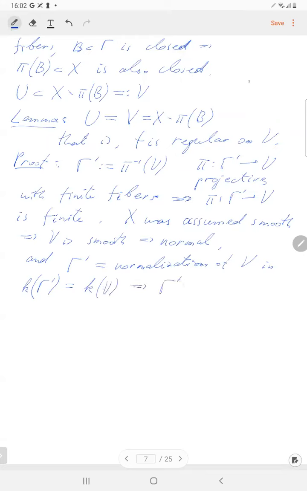Hence, gamma prime is just V. Okay, so maybe I should say that pi is an isomorphism from gamma prime to V. Fine. So we proved what we wanted, that our F is regular on V.